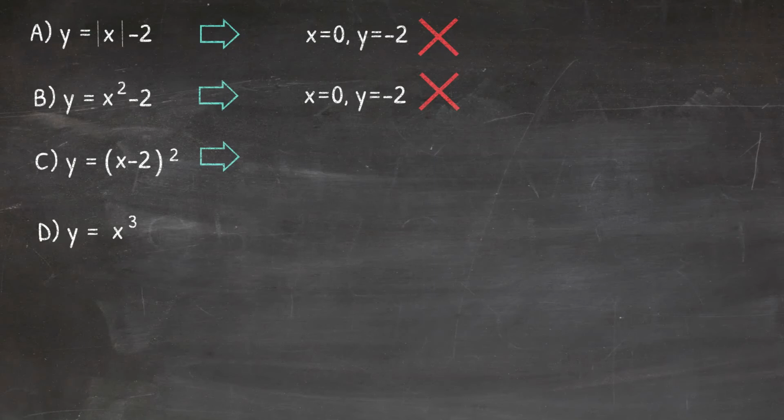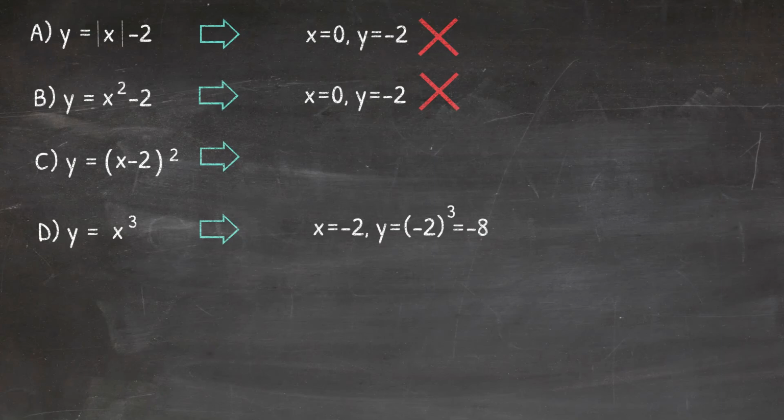y equals x cubed. Since we're dealing here with an odd exponent, the rule of even numbered exponents does not apply here. So a negative number raised to a power that is odd, in this case 3, will result in a negative answer. So let's try pretty much any negative number and see if we can fall below -1.